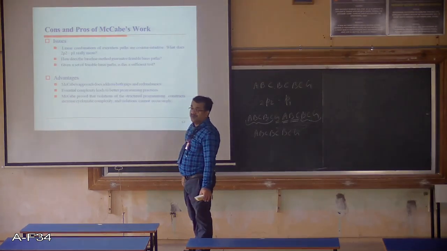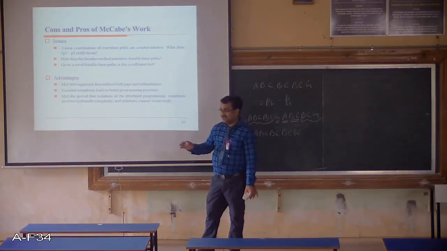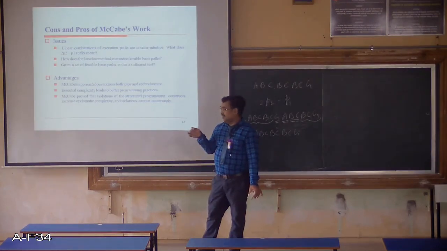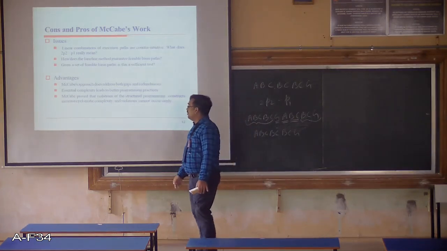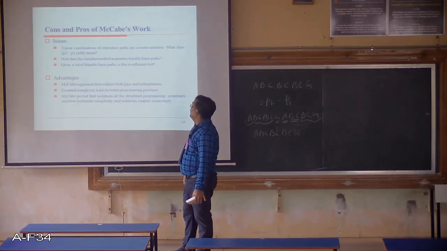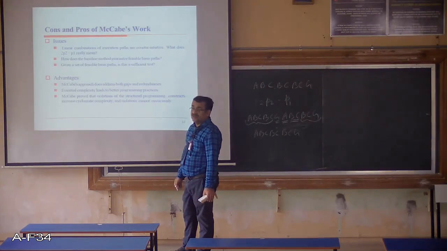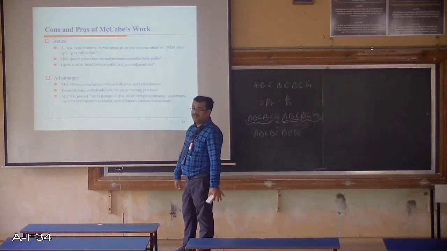We have already discussed the problems. How does the basis path method guarantee that these paths are feasible? Those answers are not available. That is the drawback. Given a set of feasible basis paths, is this sufficient to test?